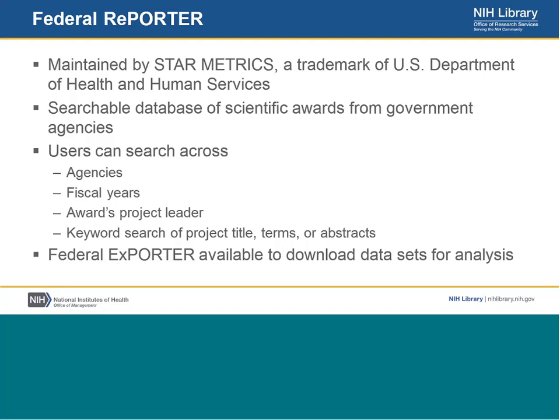So when you're in this platform, you can actually search across different agencies by fiscal year, by the project leader and award recipient, also with some keyword searches across project titles, terms, or abstracts. And with Federal Exporter, you can download these data sets as well. So once you've become familiar with either NIH Reporter or Federal Reporter, it's fairly easy to go between the two systems.